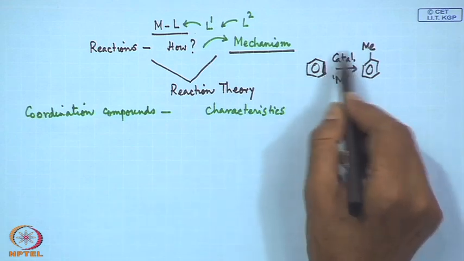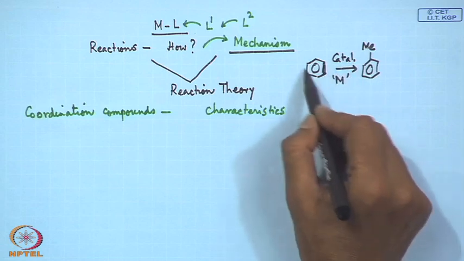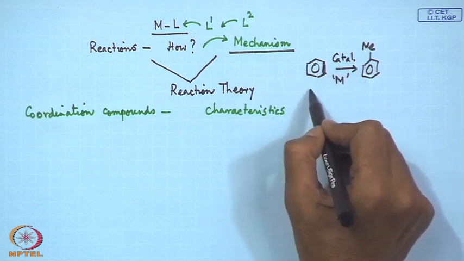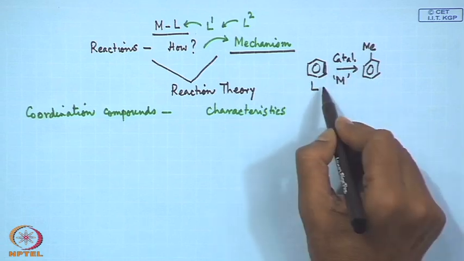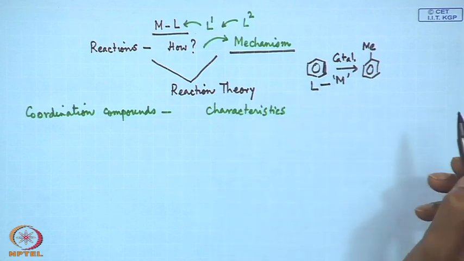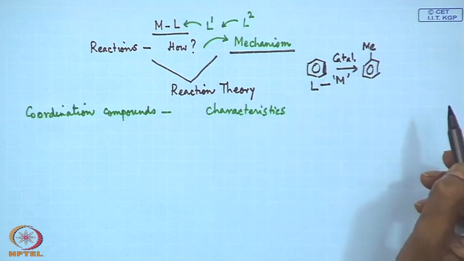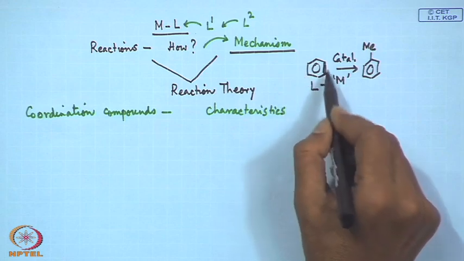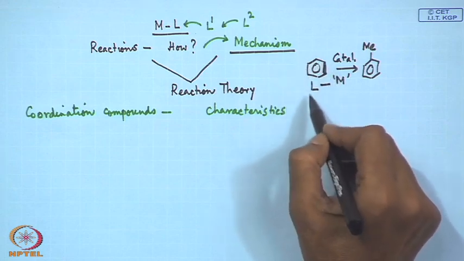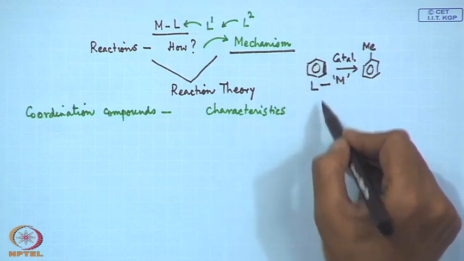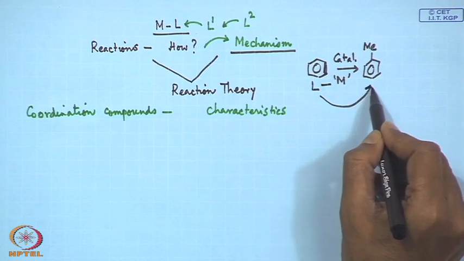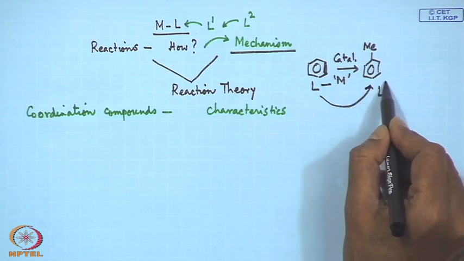So, how can we know that this catalyst is there and this particular one is not behaving as our ligand? The metal is the corresponding metal center from the catalyst, and the ligand is the corresponding molecule which is interacting with the metal center and which is getting modified to, say, L1.